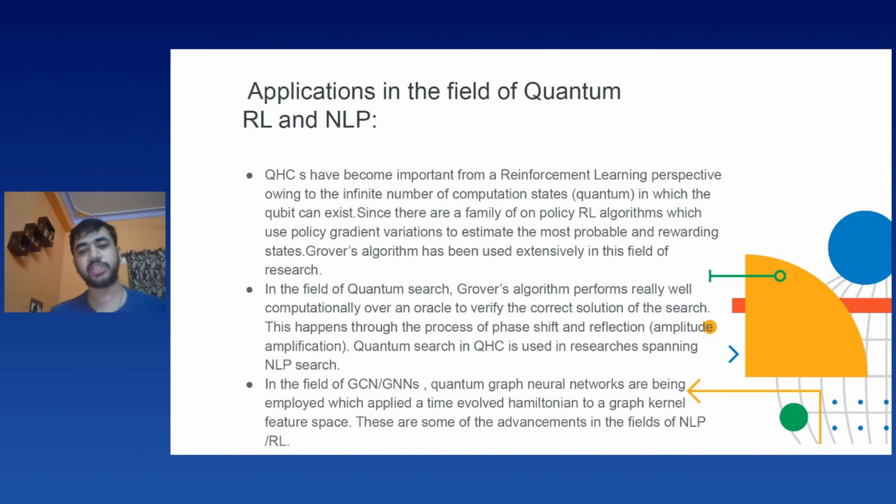So quantum search in QHCs is used in research spanning NLP search. Apart from this, just like I mentioned, we have quantum GNNs, or graph neural networks. Quantum graph neural networks are employed because we want to abstract knowledge graph based information with the help of quantum circuits. These circuits change over time, just like the quantum temporal Hamiltonians I mentioned. This time-evolved Hamiltonian can be used to find similarity.